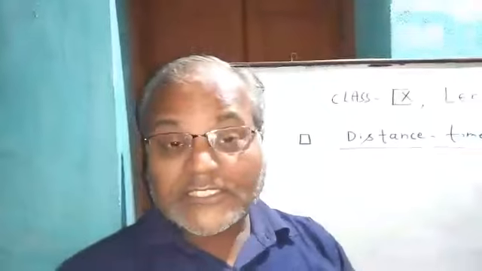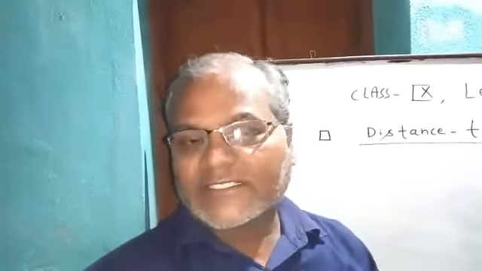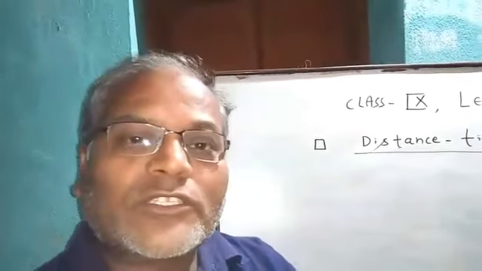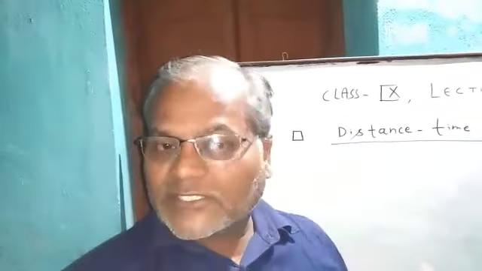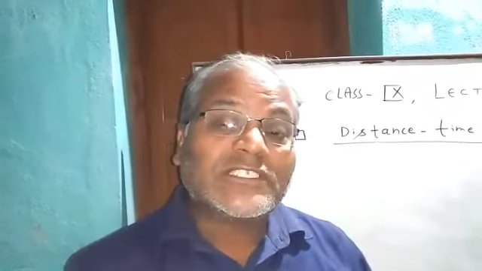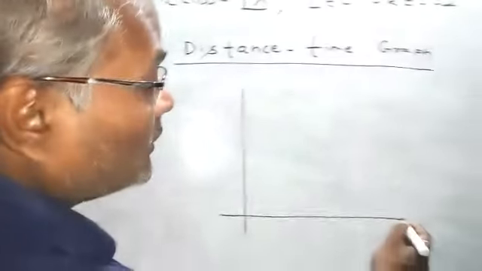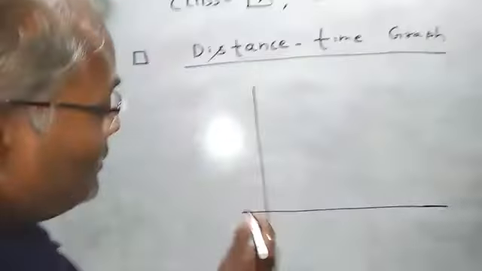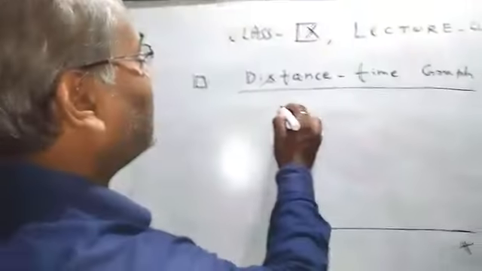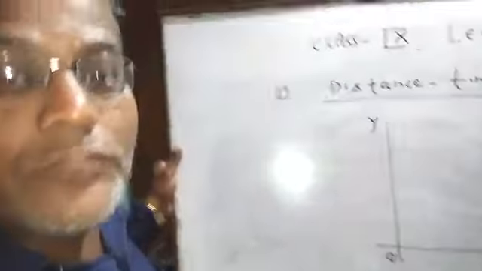Whenever the distance is plotted along the x-axis and time is plotted along the y-axis, then a graph is obtained, which is called the distance time graph. Here, this position is the origin O, with x and y as the two coordinates.